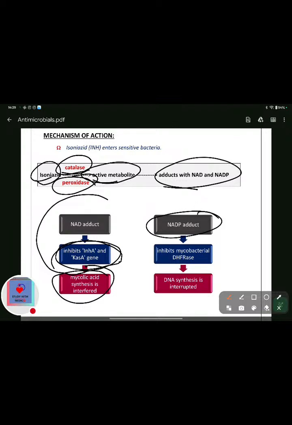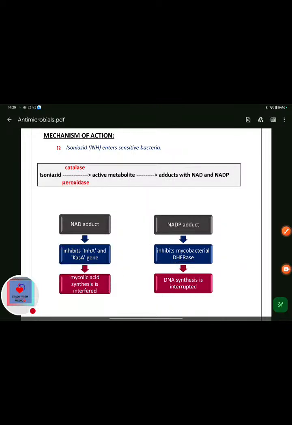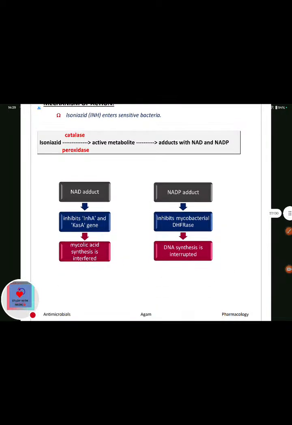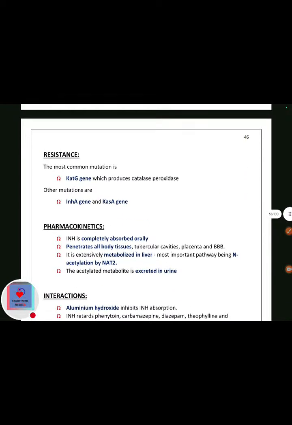If the NADP adduct is formed, it inhibits mycobacterial DHFR, which inhibits DNA synthesis, and because of that the bacteria will ultimately die. Remember the KasA gene and INHA are for mycolic acid synthesis, DHFR is for DNA synthesis, and catalase peroxidase produces the active metabolite of isoniazid.